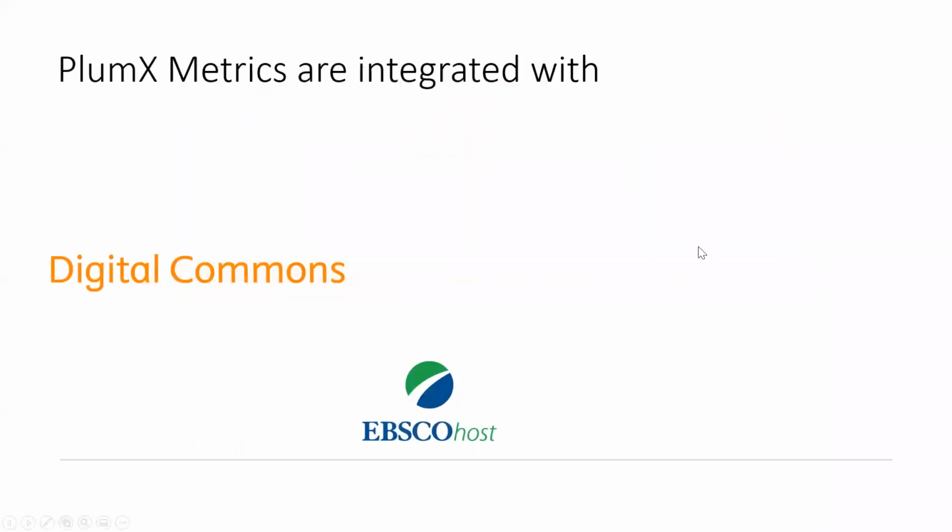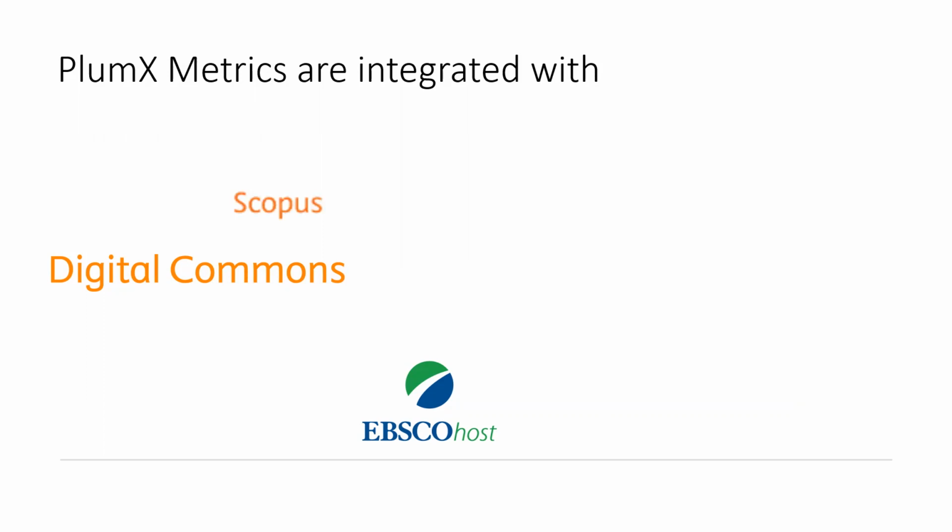So I told you that PlumX metrics are integrated with some solutions. They are integrated with Digital Commons, which is a platform for the journals. Then we have EBSCO host. We have also, sorry, it's not really working.